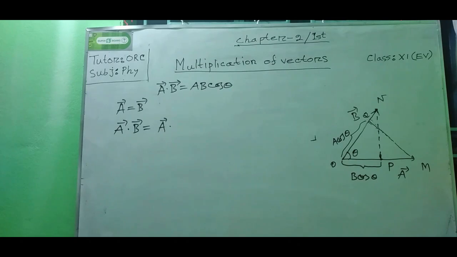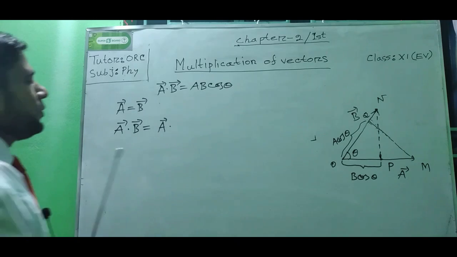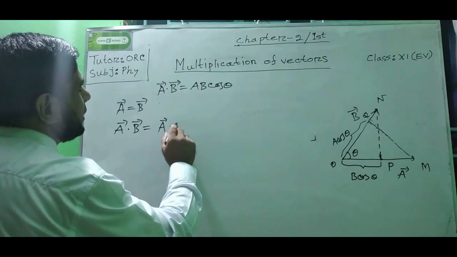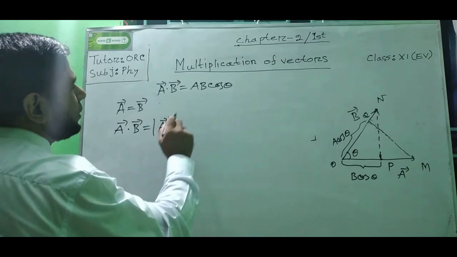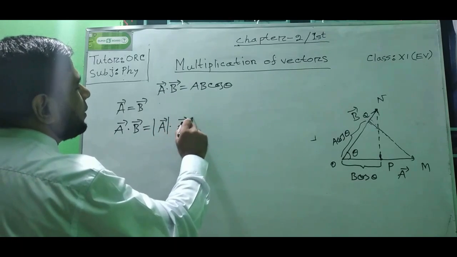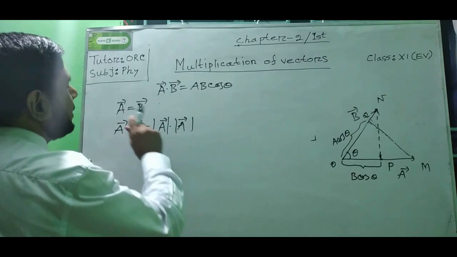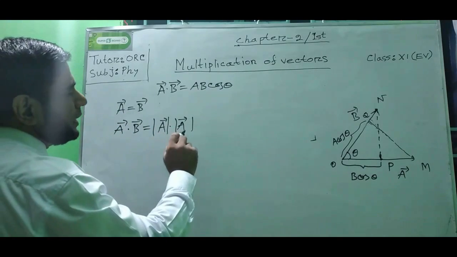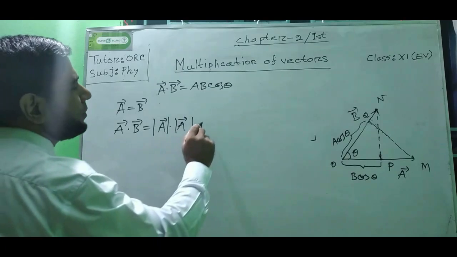According to the classification of vectors, we can apply the value mod of vector A, and again mod of vector A. Vectors A and B are the same here, so their value will be the same, direction the same, type the same.